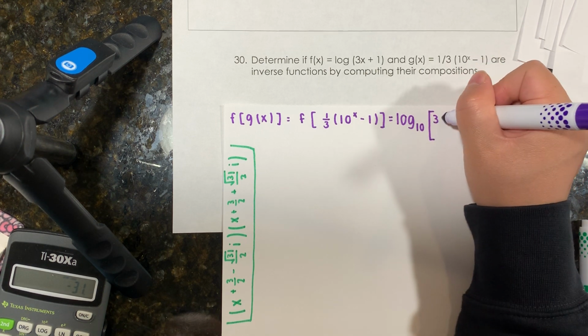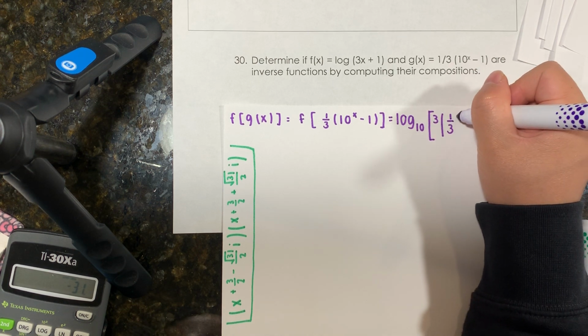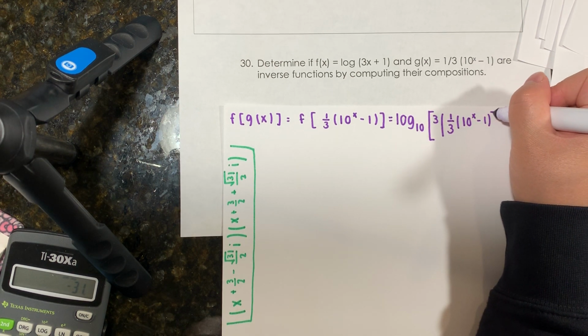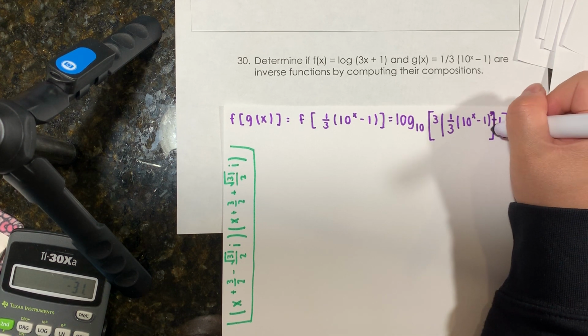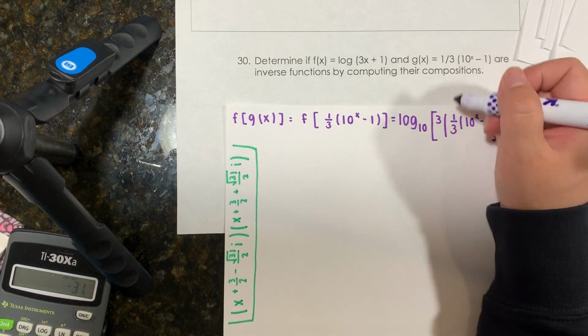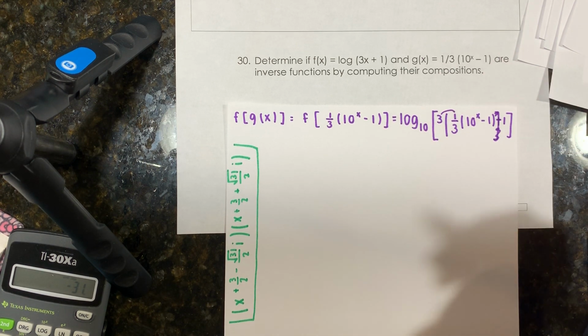So it's going to be 3 times 1/3 10 to the x minus 1. Oops. Sorry, that should be plus 1 before I ended the bracket, my bad. So I replaced the x with this entire thing. Now, 3 times 1/3 would just be 1.